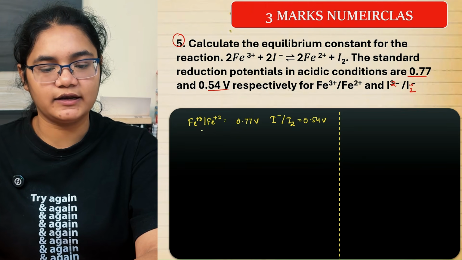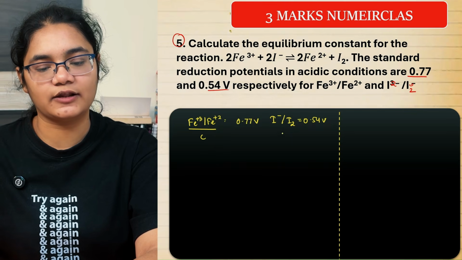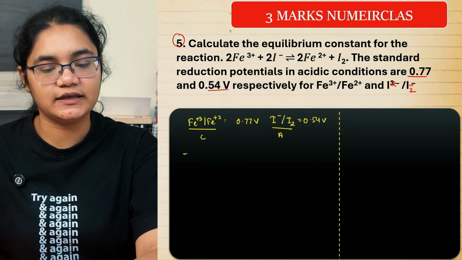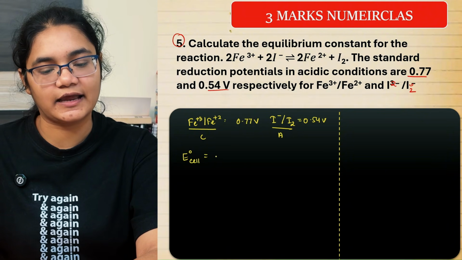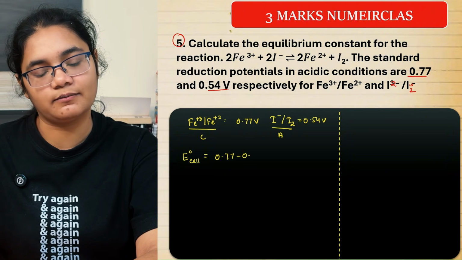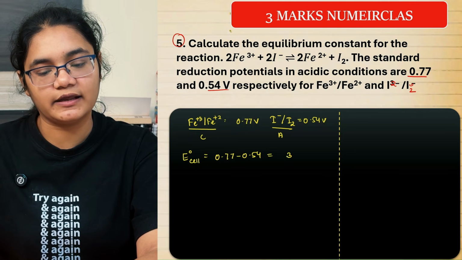Okay, so definitely this is my reduction thing. So this is cathode and this is anode. Okay, so what is E naught of the cell here? E naught of the cell is cathode minus anode. So 0.77 minus 0.54. So I will get 0.23 volt.